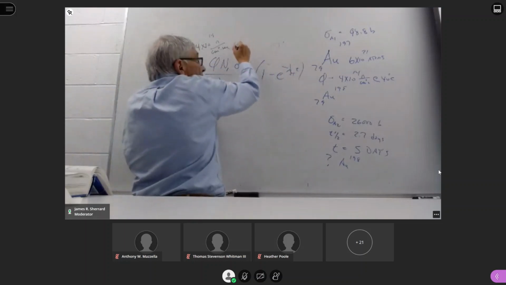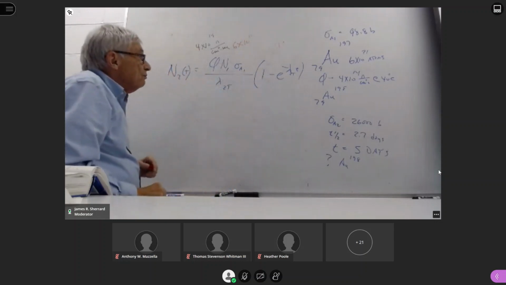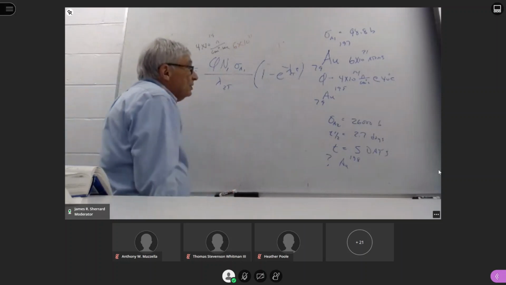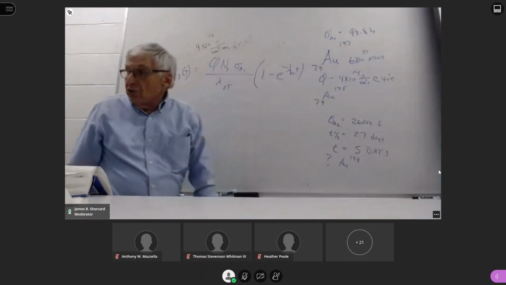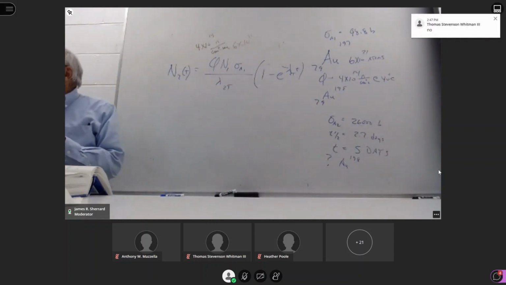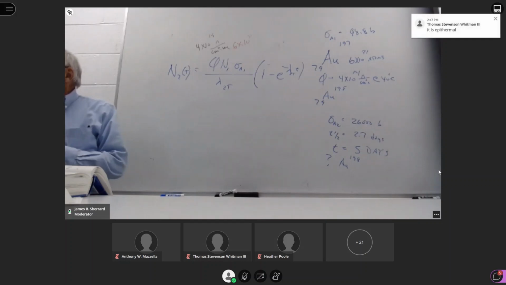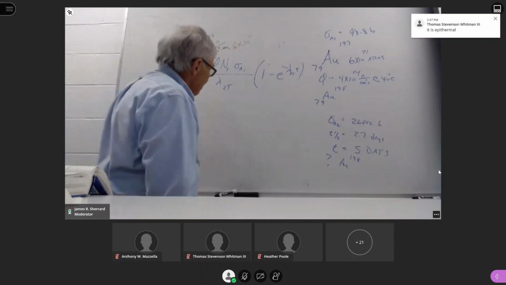It's 6 times 10 to the 21st number of atoms. What is sigma A? Are we going to use sigma A of 98.8 barns? No, correct. Why not? That's correct, because it's epithermal for the flux.